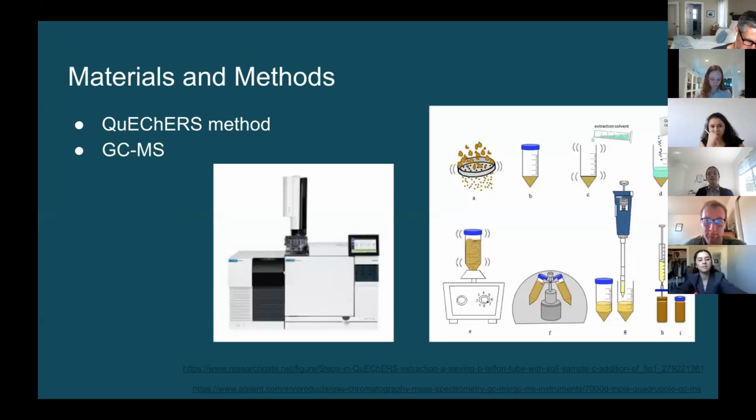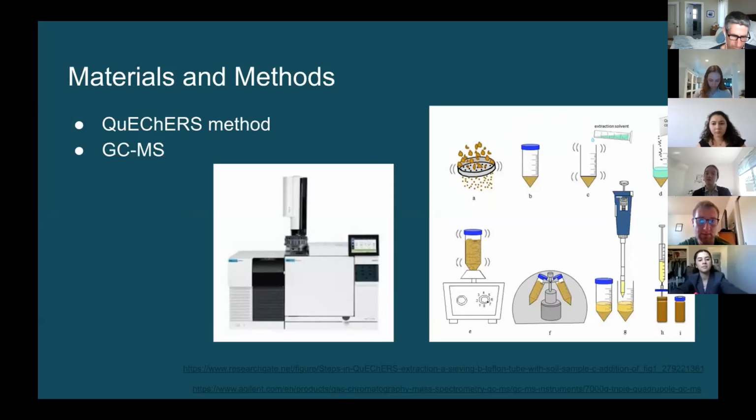The method they used to extract data was the QuEChERS method, which stands for quick, easy, cheap, effective, rugged, and safe. It's very simple, and the image on the right shows the overall steps. They took the dried soil, the earthworms, and the barley grains to extract the organic contaminants.